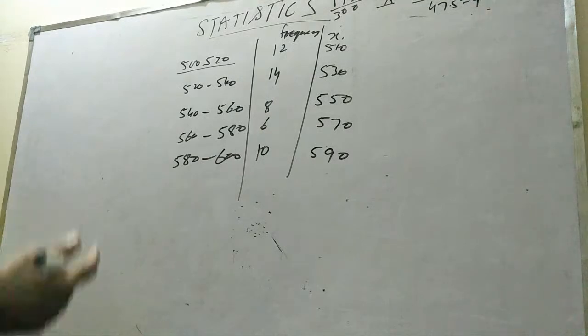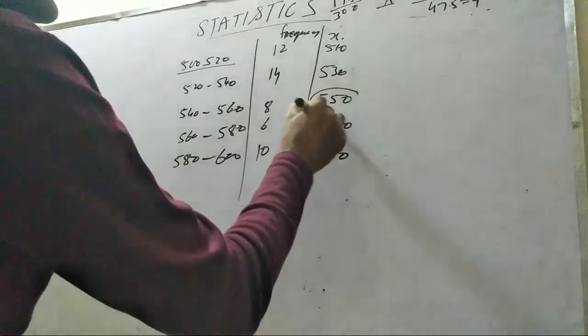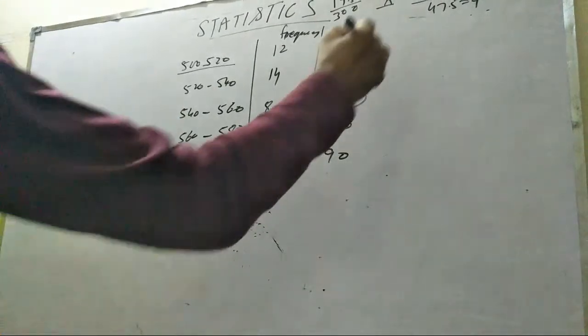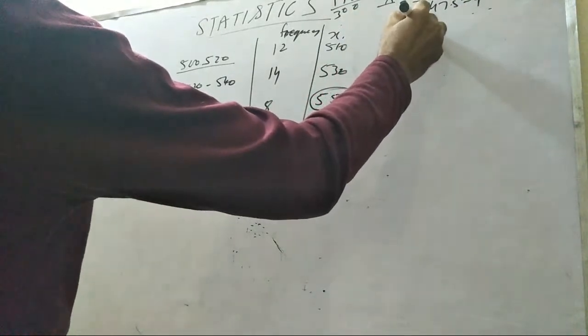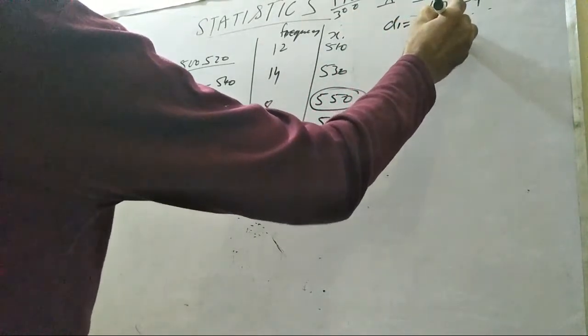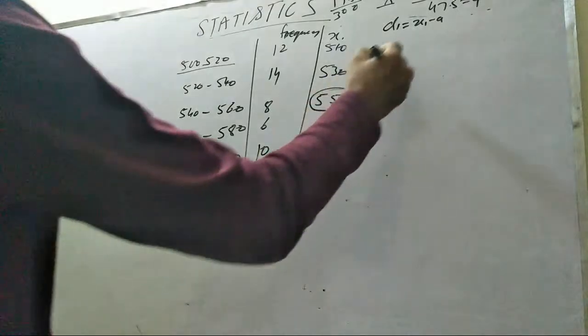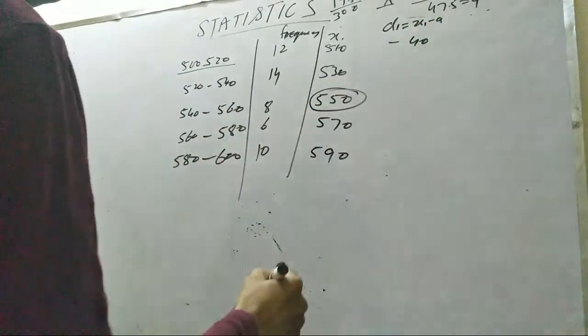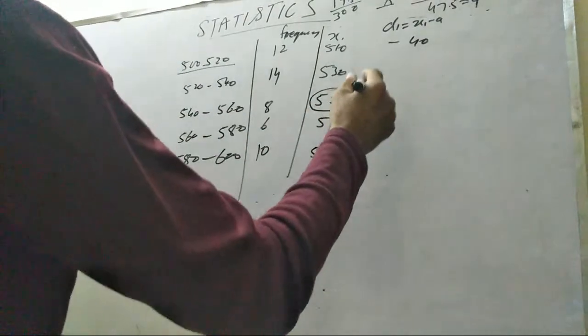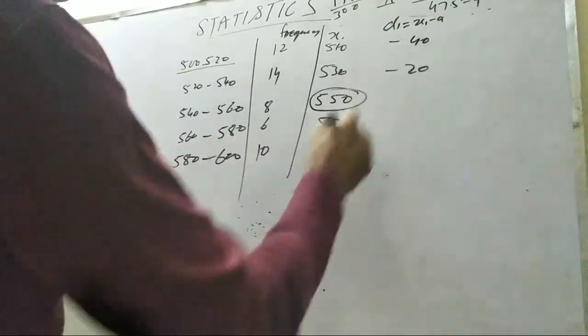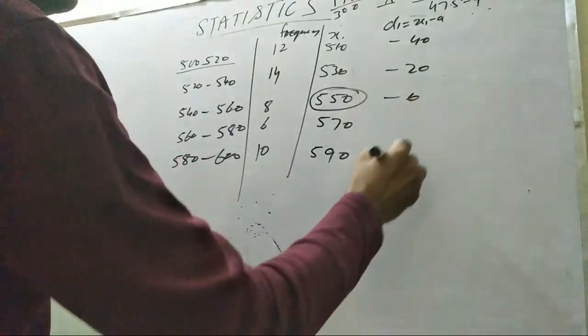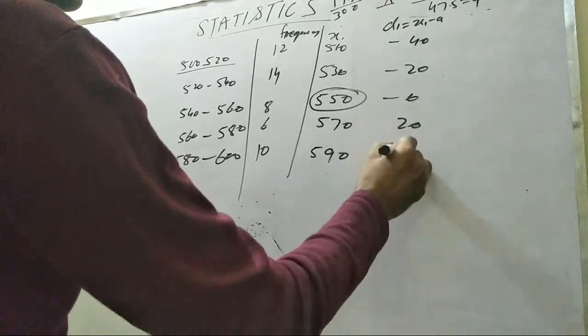But here we use that, suppose this is equal to A and d1 is equal to x1 minus A. This is equal to minus 40. This is equal to minus 20. This 0, 20 and 40.